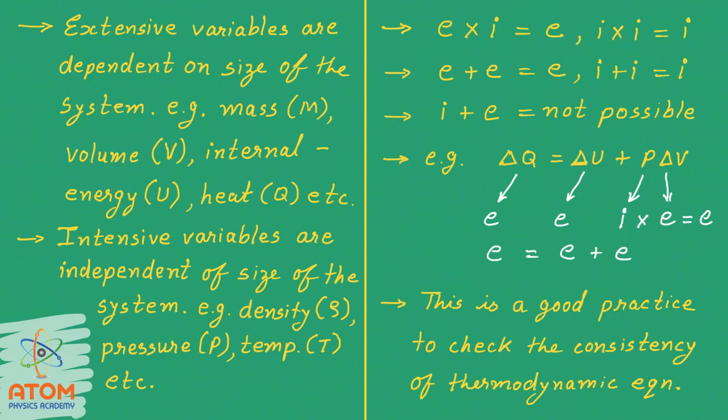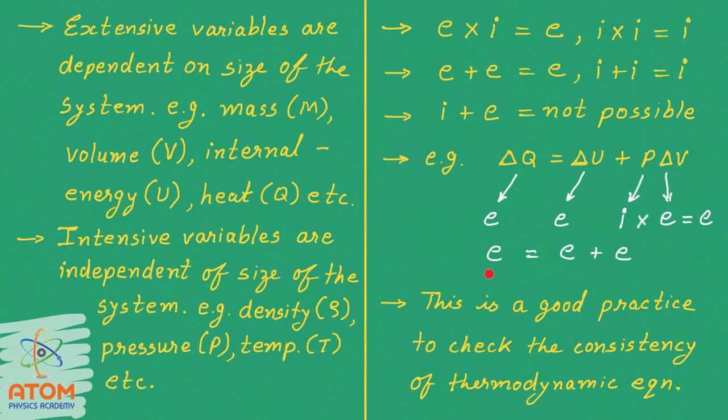This is a very good practice to check the consistency of thermodynamic equations. By this method, you can check the thermodynamic consistency of any thermodynamic equation. Obviously, if you are getting both the sides intensive, then the equation is correct.